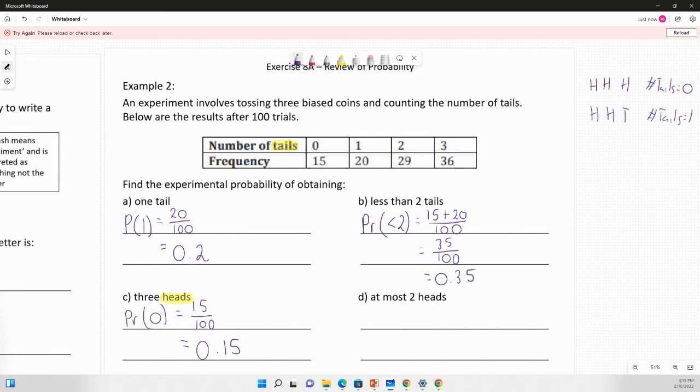Finally, at most 2 heads. Let's take some time to figure out what this question is asking us. 2 heads, and at most. At most 2 heads is telling me the maximum number of heads is 2.